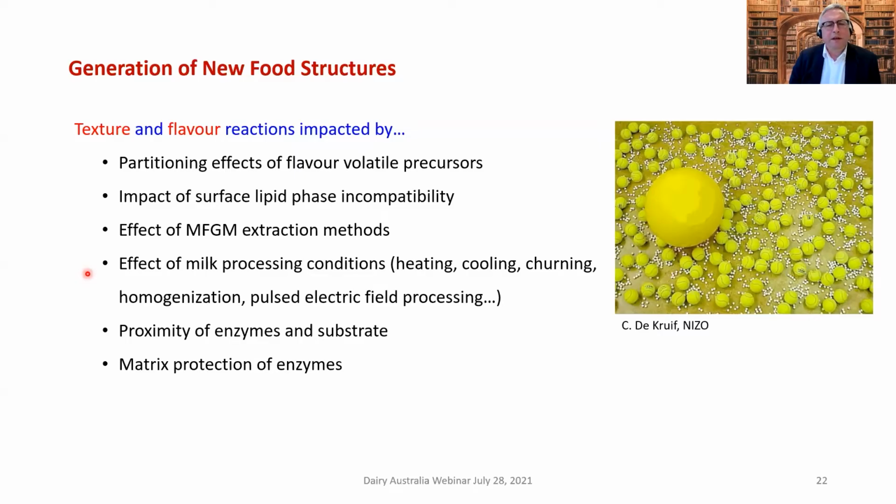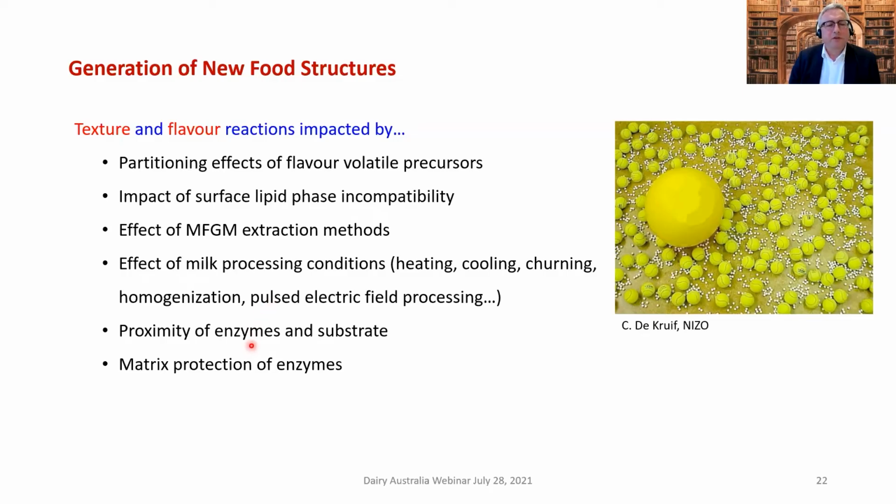Things like heating, cooling, churning, they have a profound effect on structure and probably flavor as well. Homogenization certainly does. That's used in blue cheese to amplify that lipolytic flavor. And things like pulsed electric field processing, which we've done a bit of work with milk, but not with cheese.